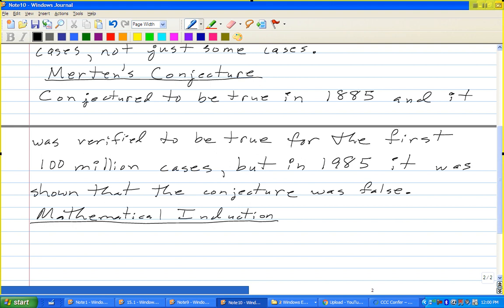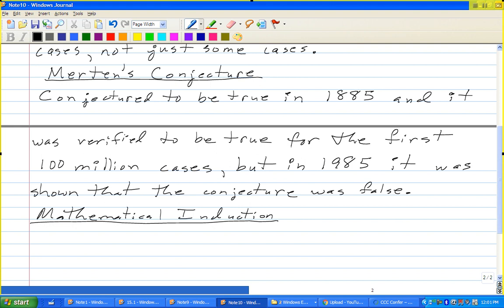So what's the idea behind the dominoes? Well, the idea is that you have one domino and that causes the next domino to fall. If the first domino falls, then that causes all other dominoes to fall. Since the first one fell, and if one domino falls then the next domino falls, therefore it must be that all dominoes fall. And that is really the idea of mathematical induction.